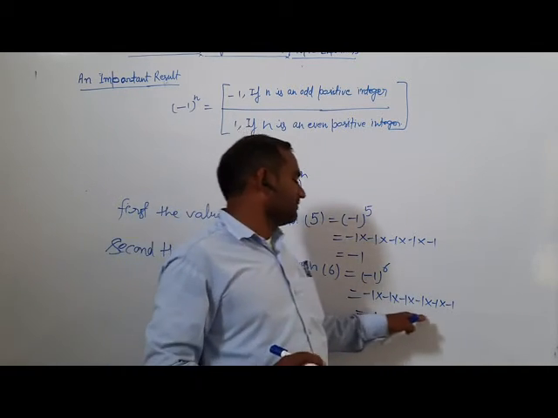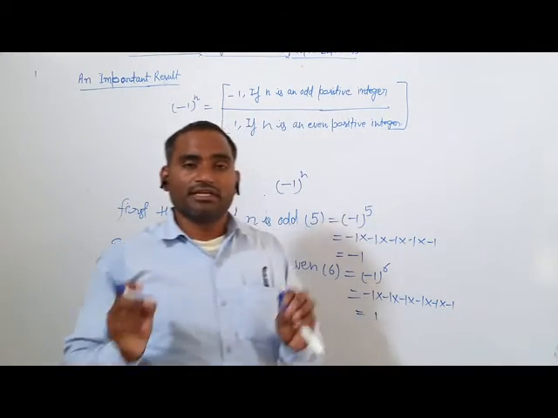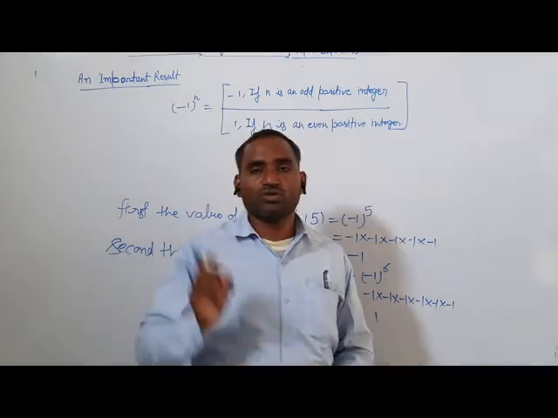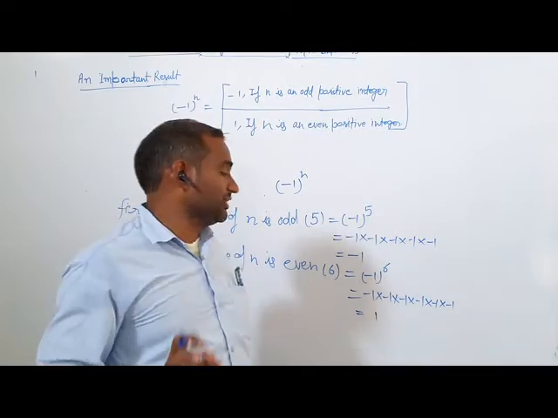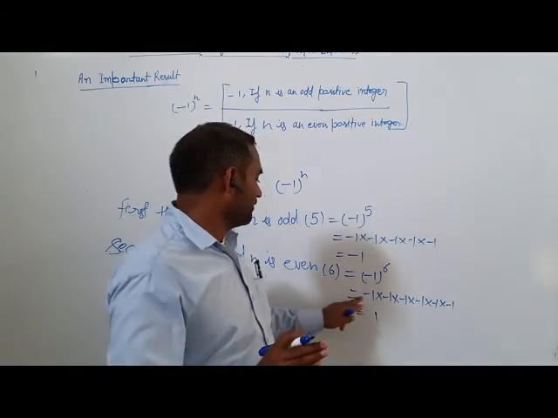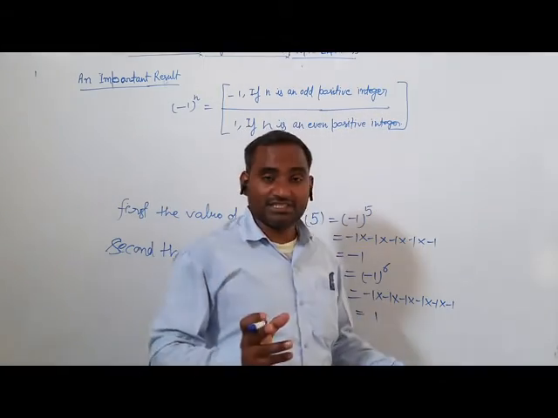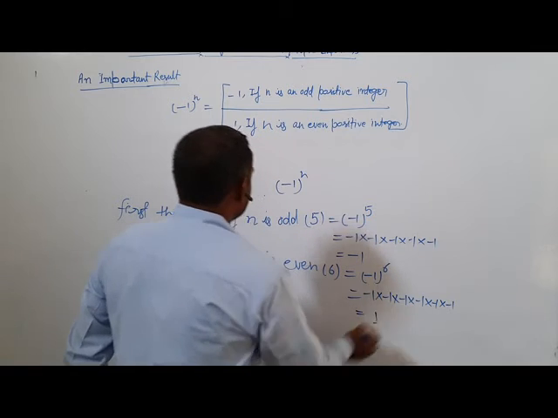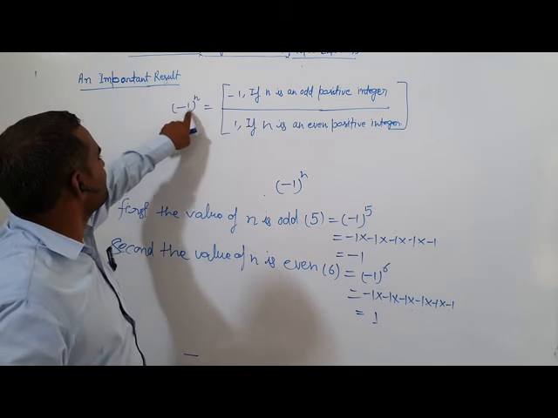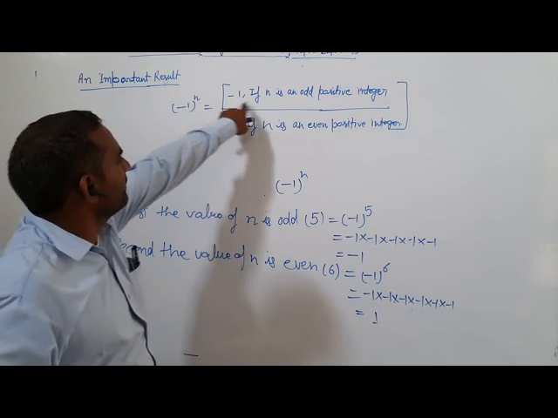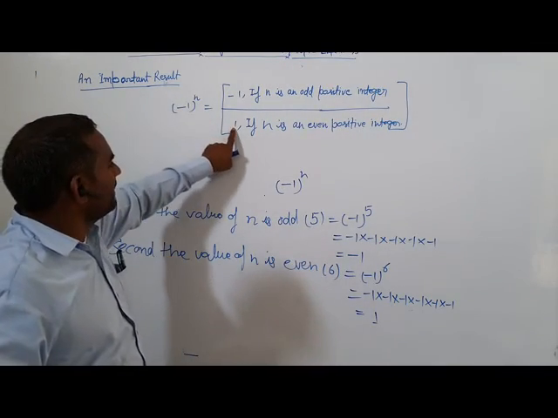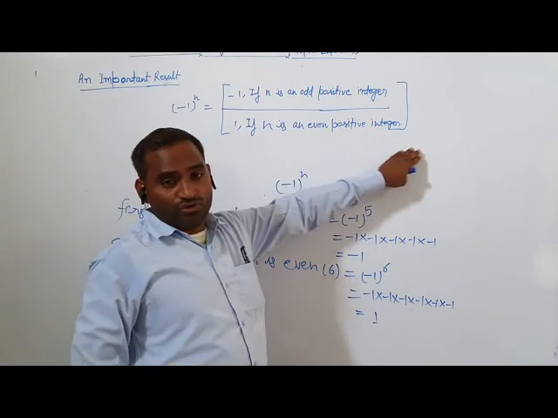When the number of negative signs in multiplication is even, then in those conditions the sign of the product will be positive. So here 1 2 3 4 5 6 is given, so the product will be +1. So here it proves that -1 raised to power n will be -1 if n is an odd positive integer, and the value of this will be 1 if n is an even positive integer.